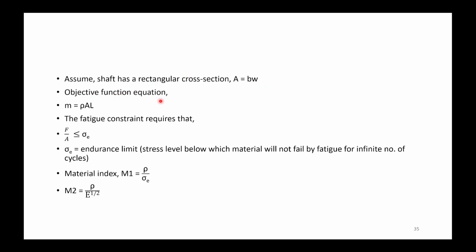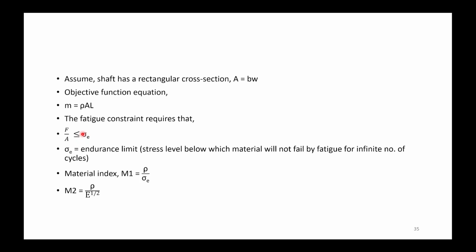Now the objective function equation: mass m will be density times volume, and volume will be area times length. The fatigue constraint requires that F upon A, which is stress, should be less than or equal to the endurance limit.